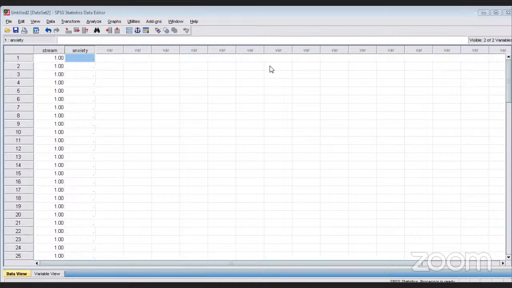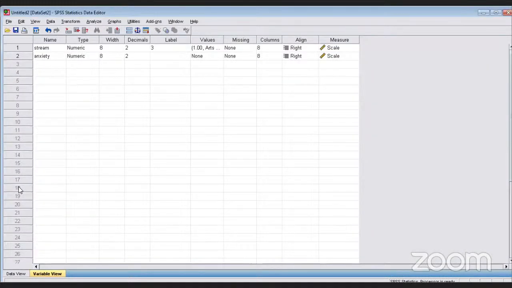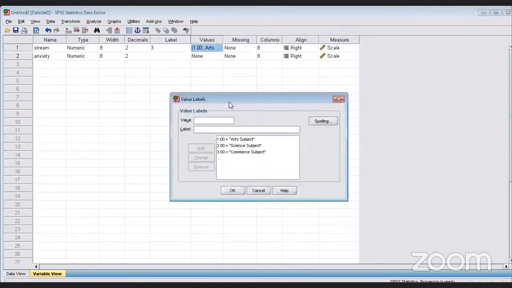Okay, let me repeat it again. This is the stream. In the stream, this is the label. So under the label, I have written 3. And then I went to the values. And in the values, you see these are the 1. So let me remove all these and then enter again. So I am under the value labels. Here is a value.